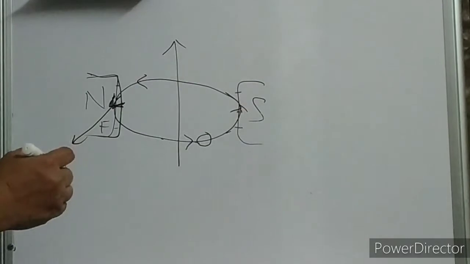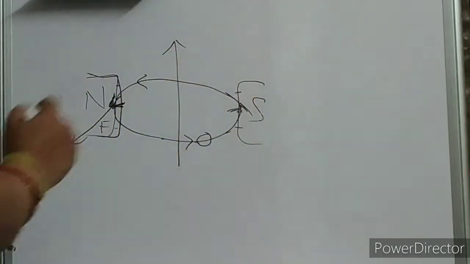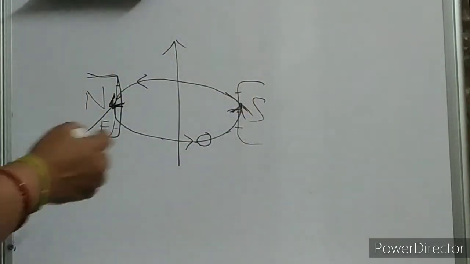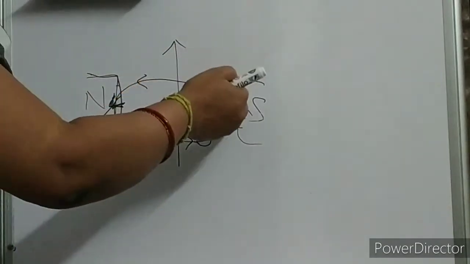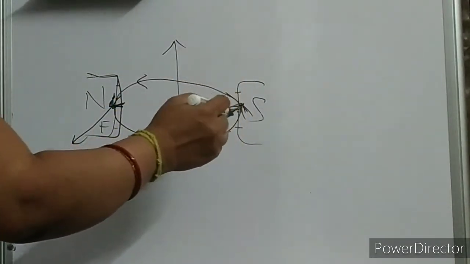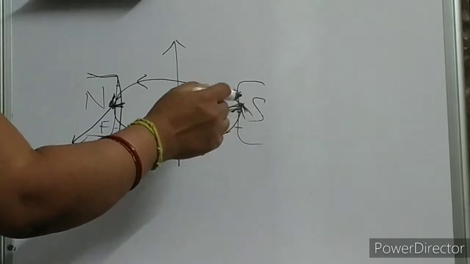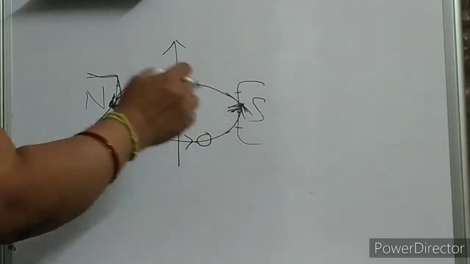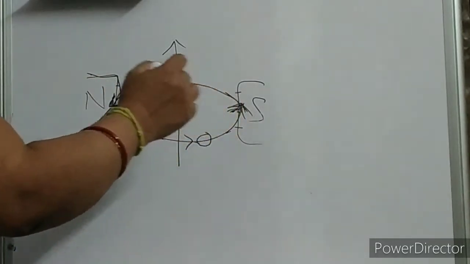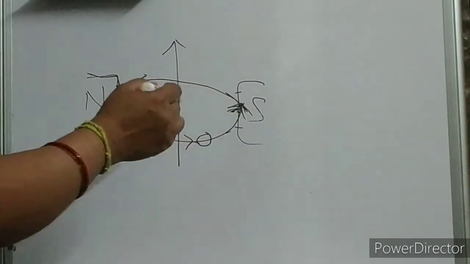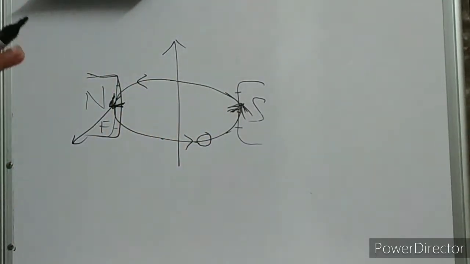Come to this point. As you can see, the arrow is towards inside. So if it is towards inside, this arrow indicates the force experienced by the north pole, because these field lines we have drawn show the deflection of the north pole.